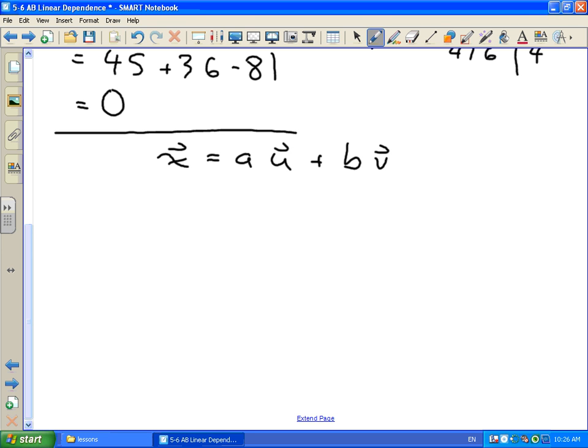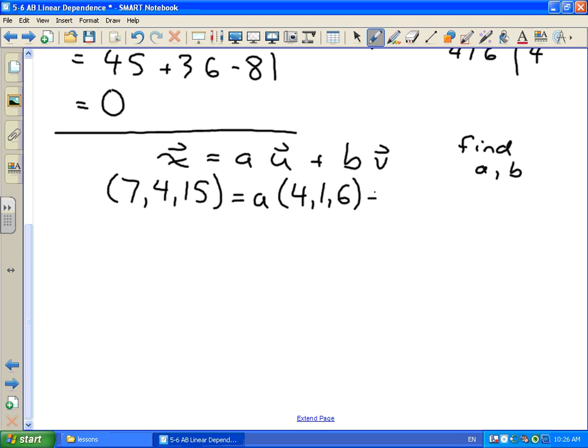So we really just want to find these two scalars, a and b. Well, let's put in what our vectors are here. x was 7, 4, 15. u is 4, 1, 6. And v is 5, 2, 9.